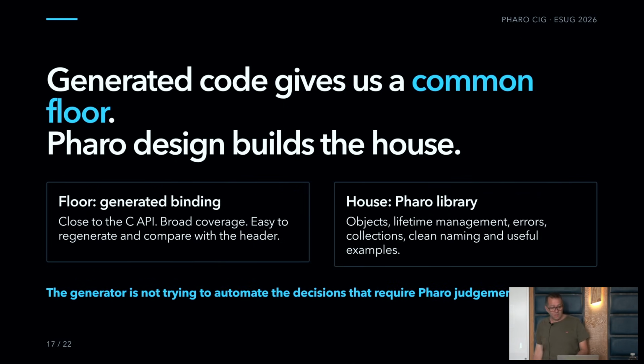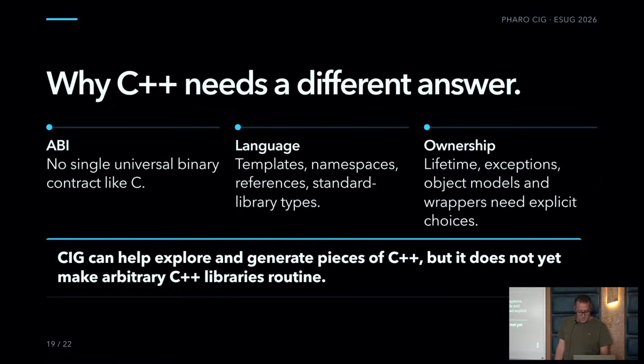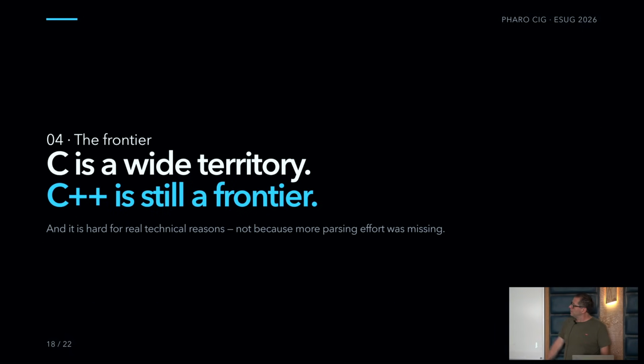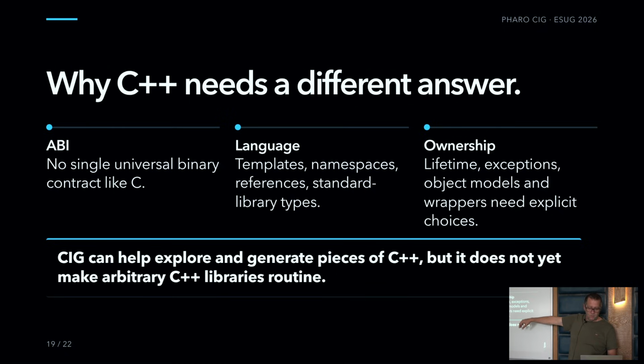So the generated code will give us a common floor, and Pharo design builds the house. One thing that is still missing is that I was not able to advance in C++. While easy C++ libraries are already being parsed, and for example I have libnoise, a C++ library parsed correctly, C++ tends to have a lot of problems.